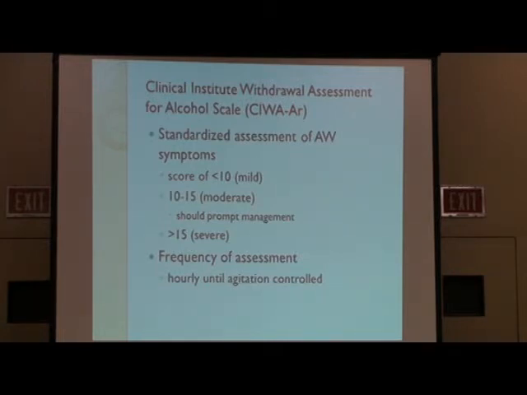The scale goes up to 67 points, and depending on what the patient scores, they're stratified into mild, moderate, or severe withdrawal. When somebody is felt to have alcohol withdrawal or be at risk, it's recommended that this tool be used hourly to appreciate how the patient is evolving and then initiate therapy as needed.